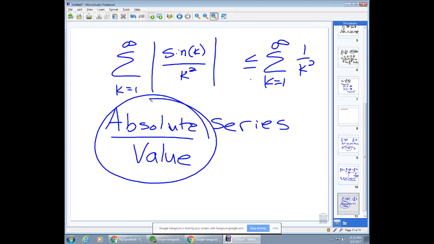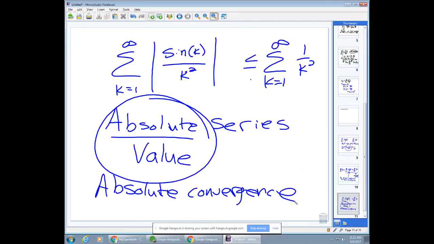So when we're using the word absolute, it's absolute value. So we're going to have an idea called absolute convergence, which a better name for it would be to sneak in here the word value.